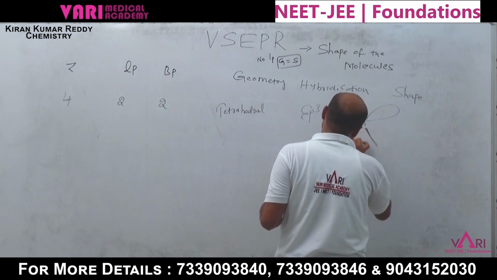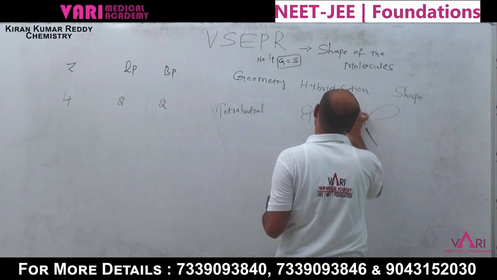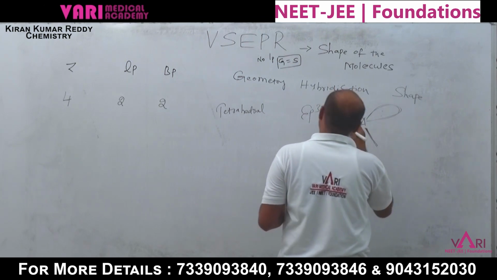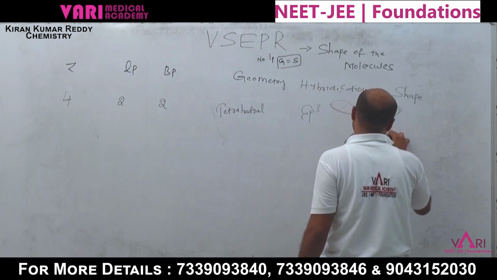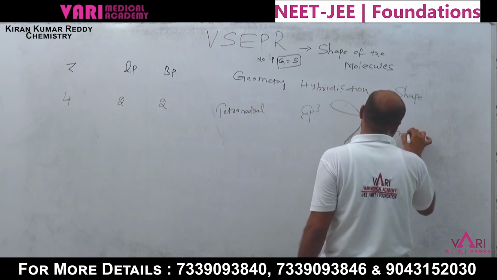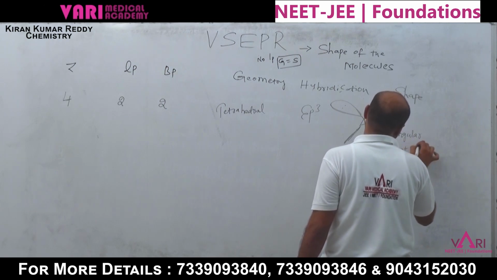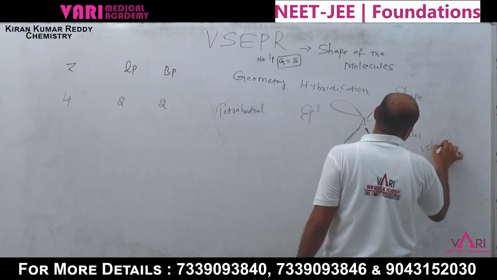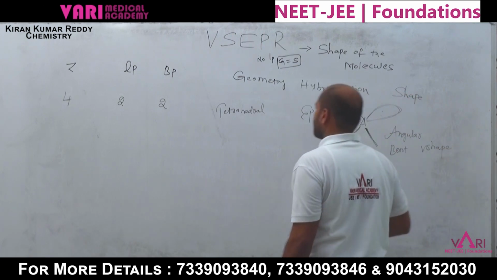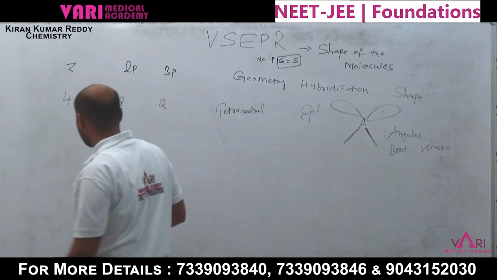These are the 2 bond pairs and 2 lone pairs. What is the shape of the molecule? Angular shape, bent shape, or V shape. It is showing V shape. This is Z is equal to 4.